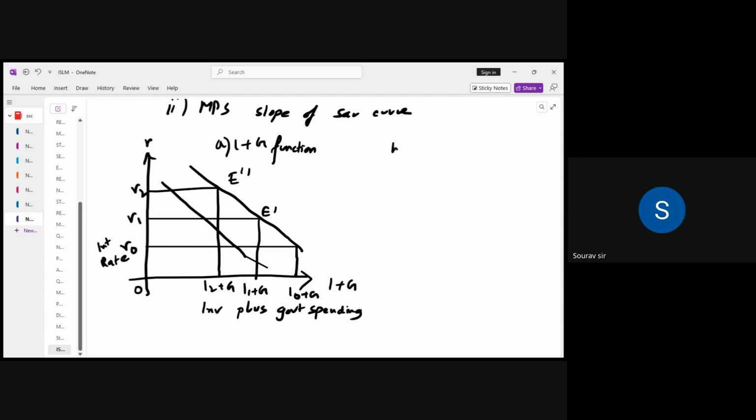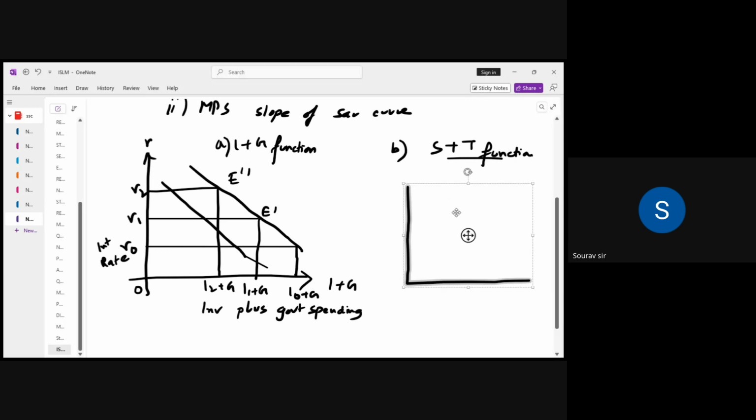Now, the S plus T function. We will draw it now. So here, S plus T. So we draw the diagram.